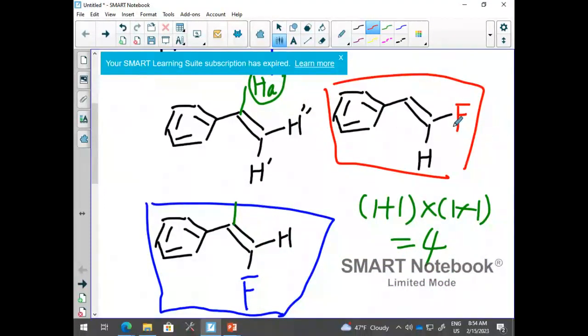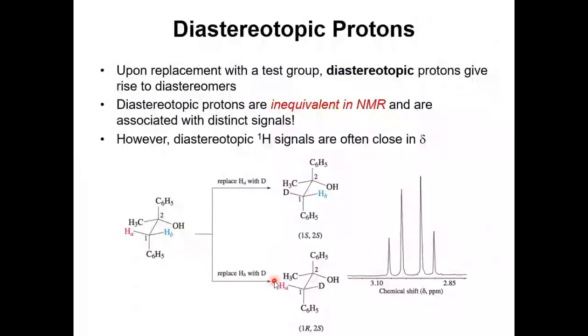Replace the other proton with a test group, it generates another compound. Those two compounds are diastereomers. So we say these two protons are diastereotopic protons. Diastereotopic protons have different chemical shift values, but often they are not too far away from each other.